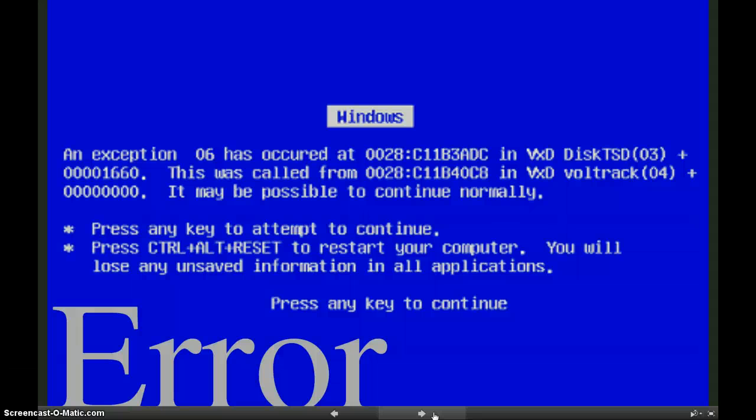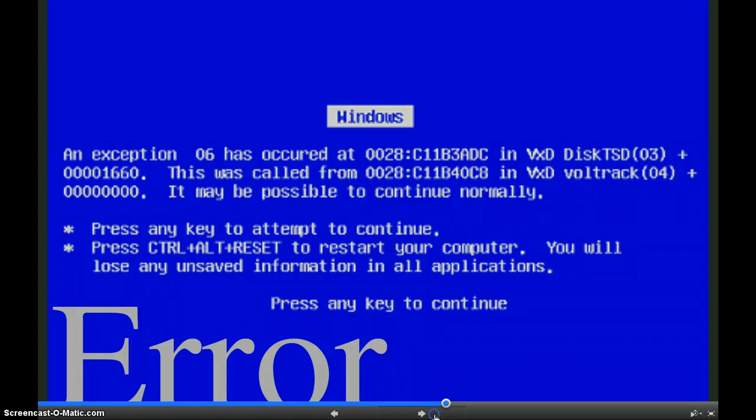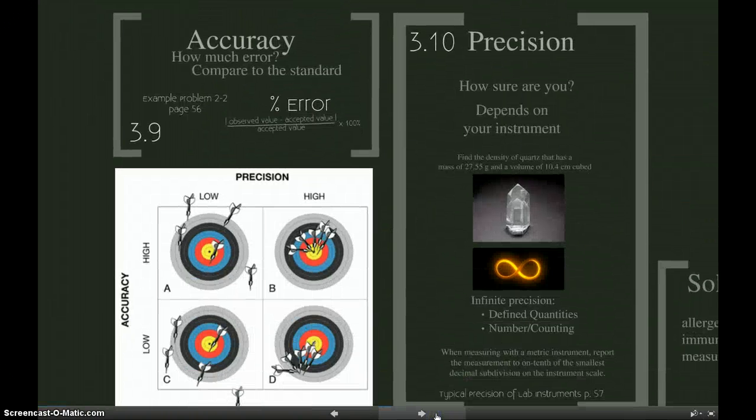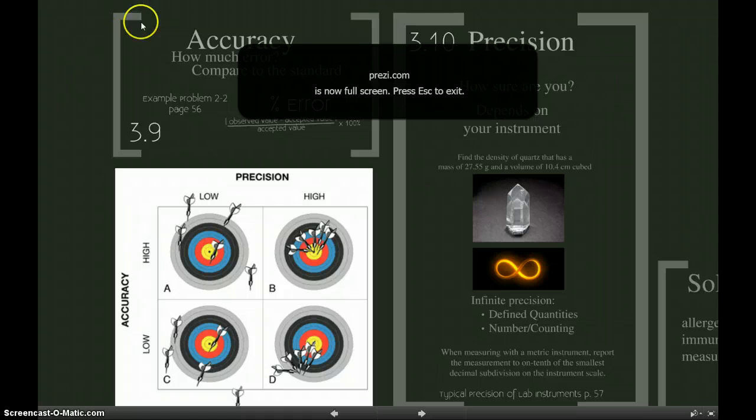Okay, what we think something should be or what we think it really is. Okay, the difference between our measurement and some standard. So that leads us into talking about these 2 terms, accuracy and precision. Okay, accuracy and precision.